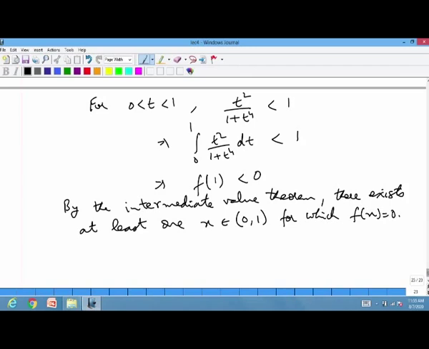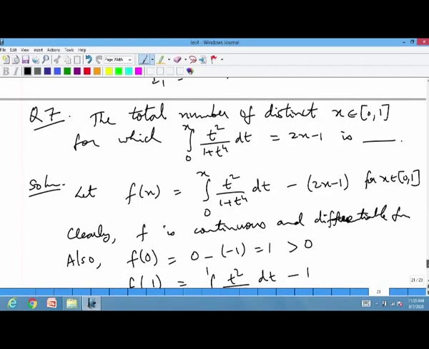So, we know that the number of x for which this integral equals 2x minus 1 is at least 1. Now, let us see if we can have more than 1.